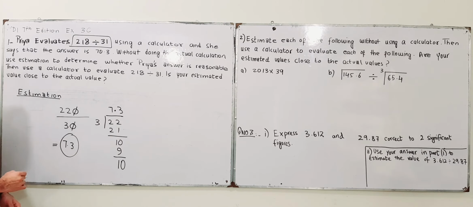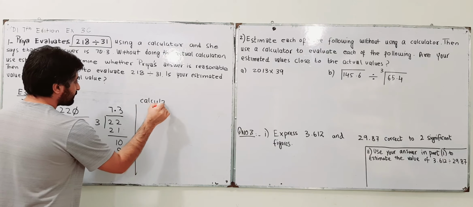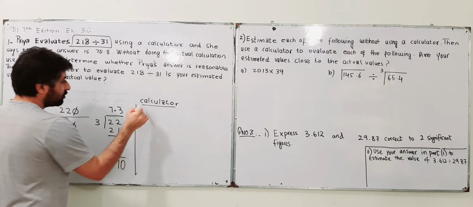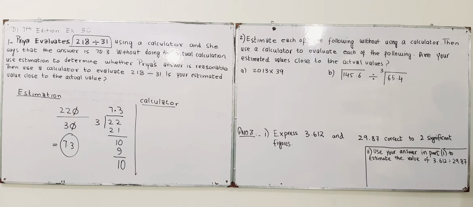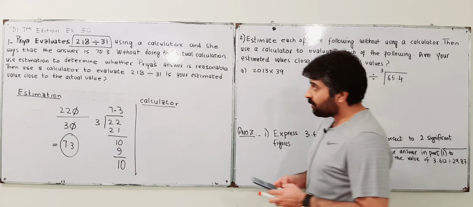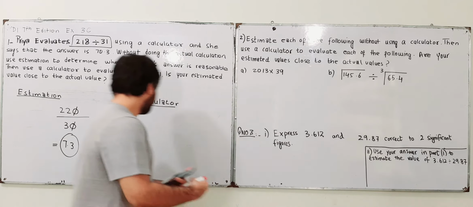Now what about the answer with the help of a calculator? This is estimation. Now using a calculator, 218 divided by 31, the answer is 7.03.